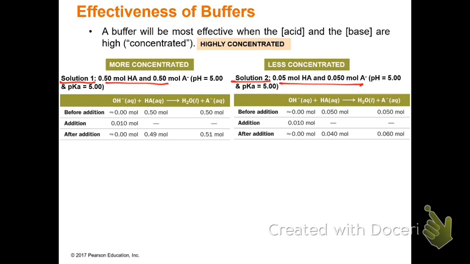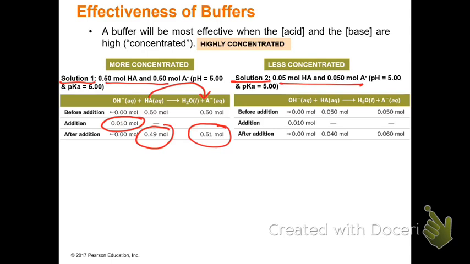So we'll do the same thing here. So we're going to subtract 0.01 of the sodium hydroxide from the acid. So 0.5 minus 0.01 gives us 0.49 mole of the acid. So that means that our acid here is in excess, right? And then because this will generate conjugate base, we're going to add 0.01 to 0.5, and that gives us a total of 0.51 mole of the conjugate base.